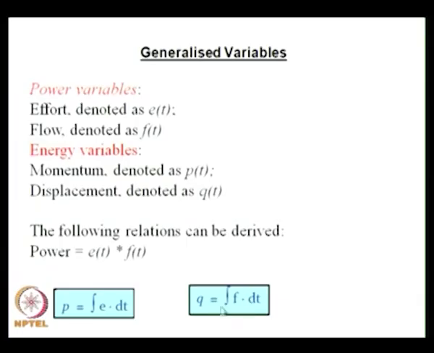That is, the integration of F will give you the displacement, and the integration of effort will give you the momentum. For example, if F is the velocity, then the integration of velocity gives you the displacement. That is the relationship between the variables F and Q and E and P, and the power transfer is E(t) multiplied by F(t). So these are the four generalized variables used in modeling.